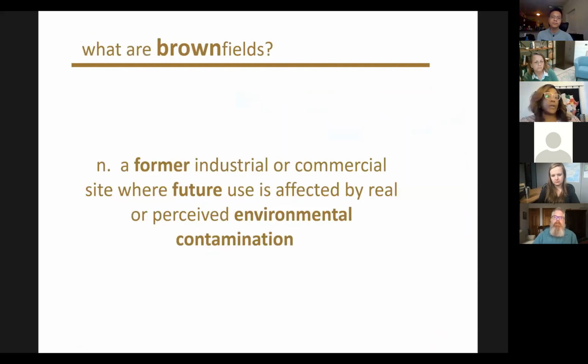So what are brownfields? According to the Environmental Protection Agency, brownfields are abandoned, idled, or unused industrial and commercial facilities where the presence or potential presence of hazardous substance, pollutants, or environmental contaminants complicate expansion or redevelopment.